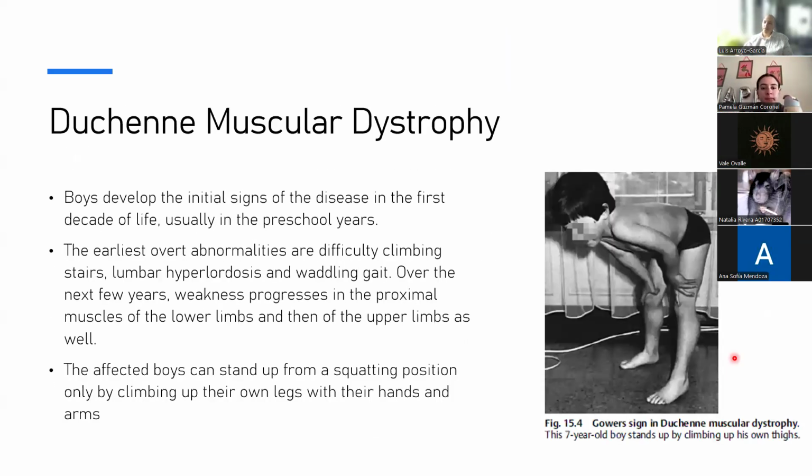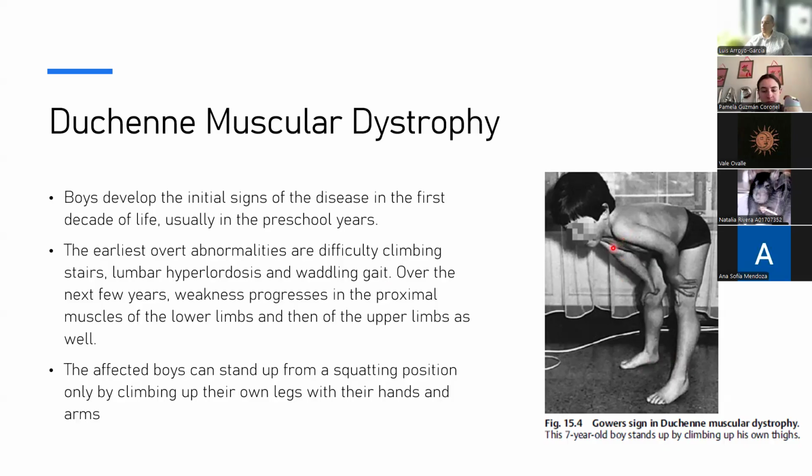So we have Duchenne muscular dystrophy. It mainly affects young boys, around 5 to 10 years old, in the preschool years. The earliest abnormalities are difficulty climbing stairs and lumbar hyperlordosis.